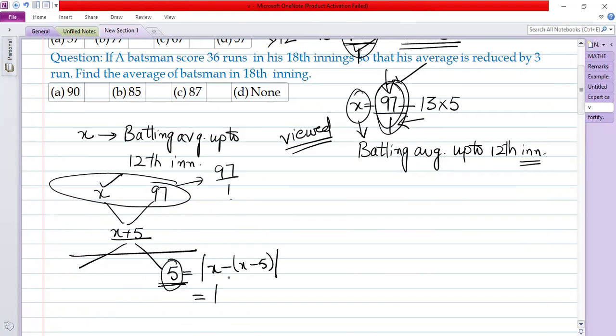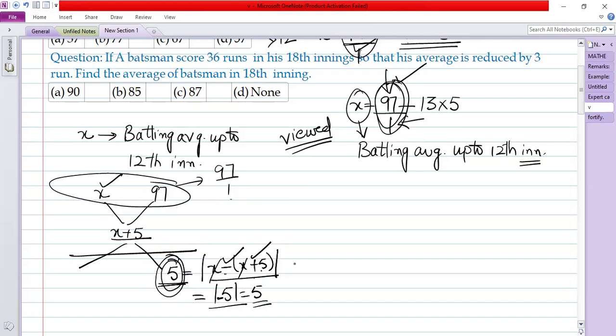So x will go off, minus minus is plus, and what is the modulus of 5? It is 5. Sorry, it should be x plus 5 here, so it will be minus 5. What is the modulus of minus 5? 5.